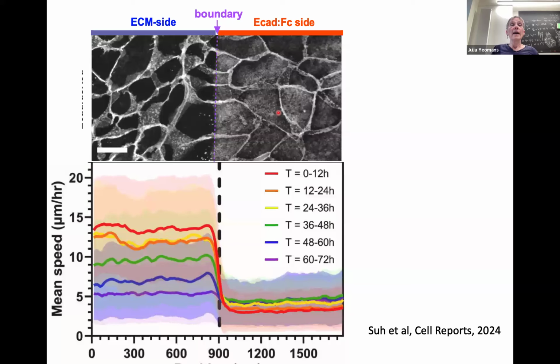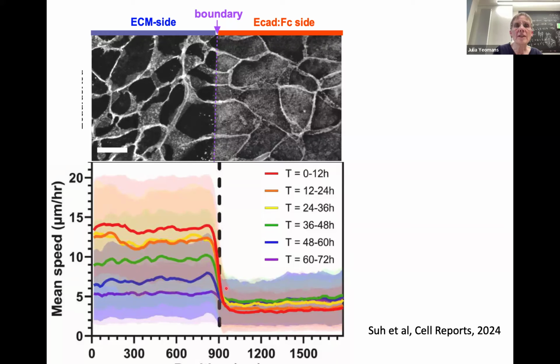Okay. And then they measured the mean speed as a function of time. And what you find is that on the ECM, these things do beautiful active turbulence with a large speed, which gradually decreases with time as they start to divide and jam. On this side, the things don't move. The velocity is very, very low.